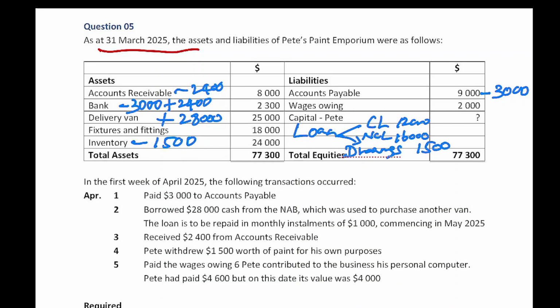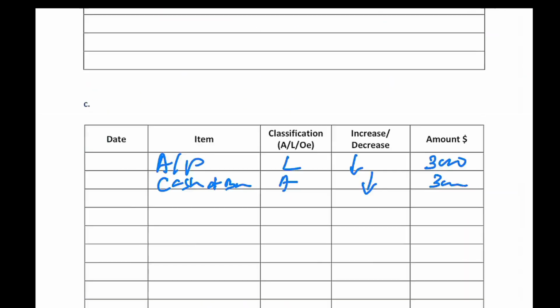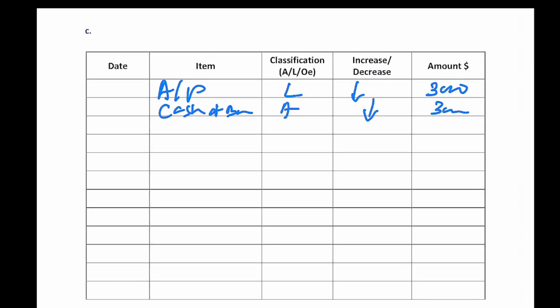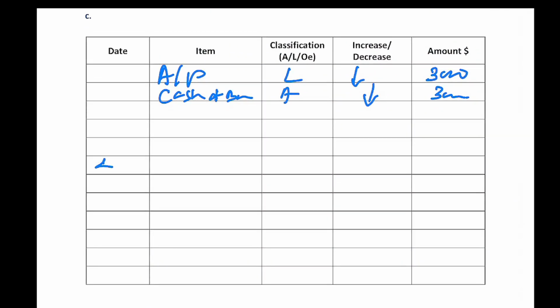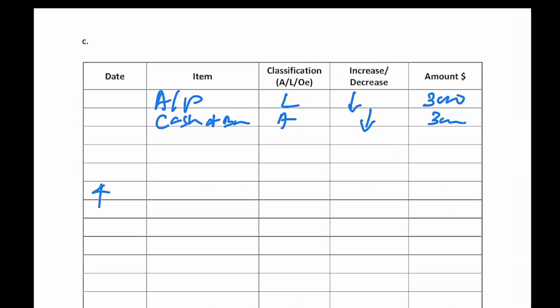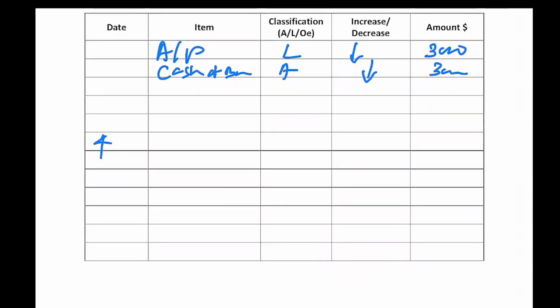By the way, how did you write the 4th of April in Part C? Sorry, I should have told you. We'll start with inventory. What is it? Asset.